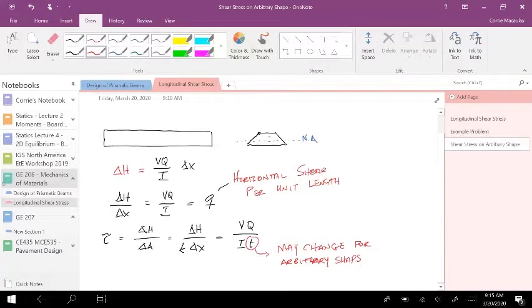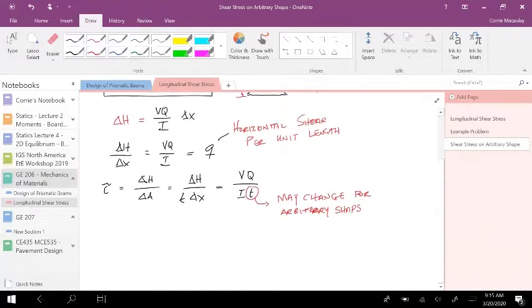So if this is my cross section, depending on where on the cross section I am, here, here, here, here, as y'all can see, the thickness would change depending on what part of the height of the cross section we want to calculate shear. So T should change for arbitrary shapes.